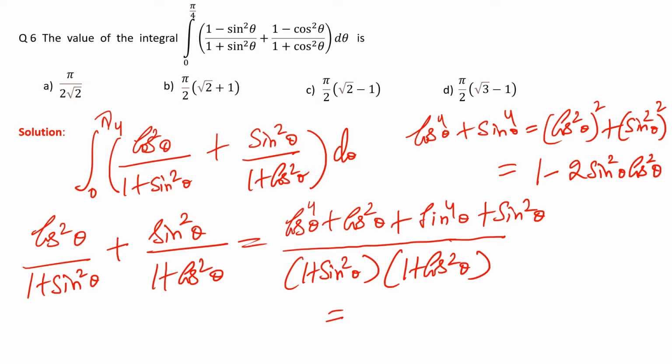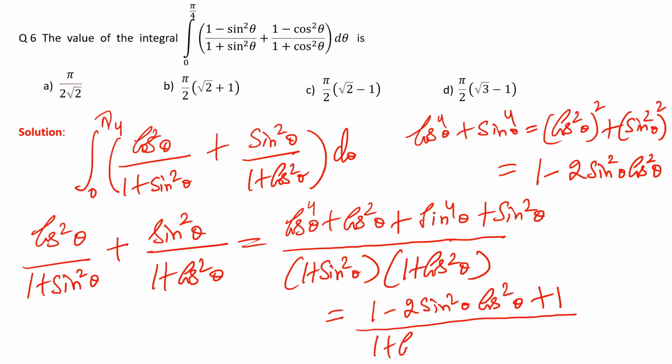Now our given expression will become 1 minus 2 sin square theta cos square theta in the numerator plus 1. Why 1? Because cos square theta plus sin square theta was equal to 1. And in the denominator, if we open up the brackets, we'll be getting 1 plus cos square theta plus sin square theta plus sin square theta cos square theta.